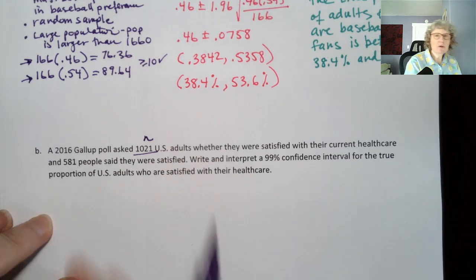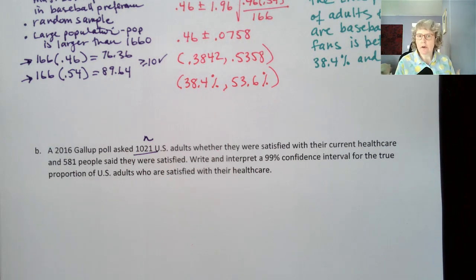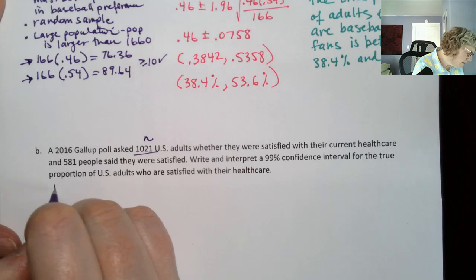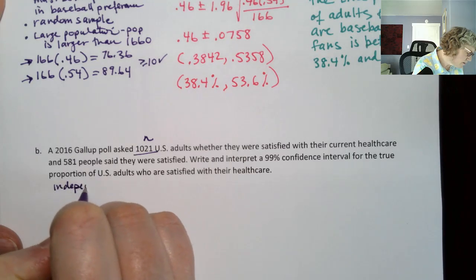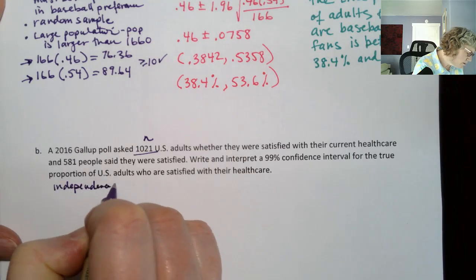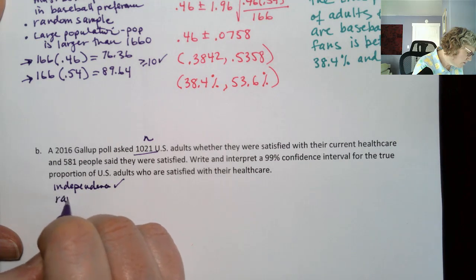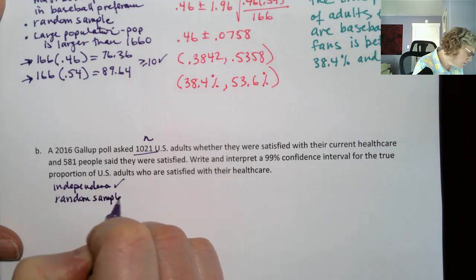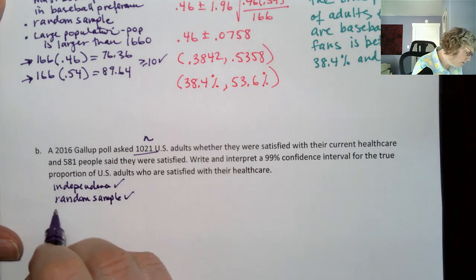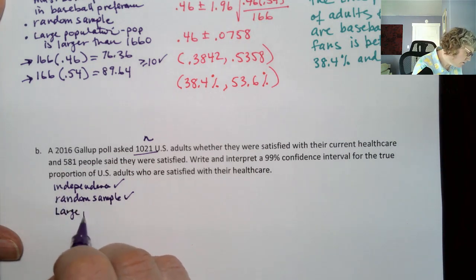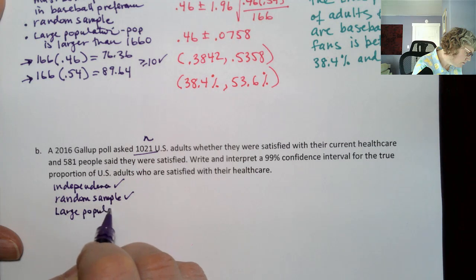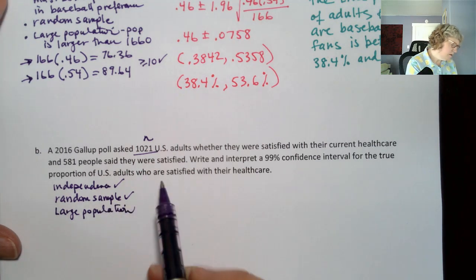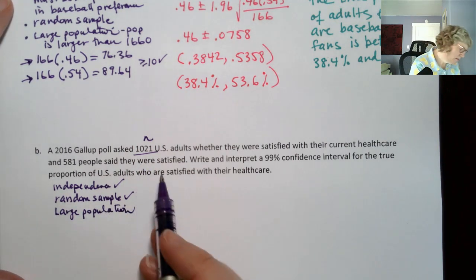Okay, so I'll do a little bit more brief on the conditions, which you can do if it doesn't say, like, write out or describe each condition. So I'm just going to write independence, check, random sample, check, large population, I'm still going to do 10 times.